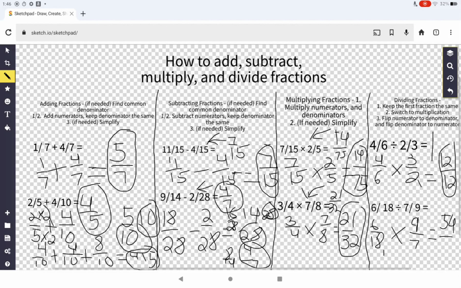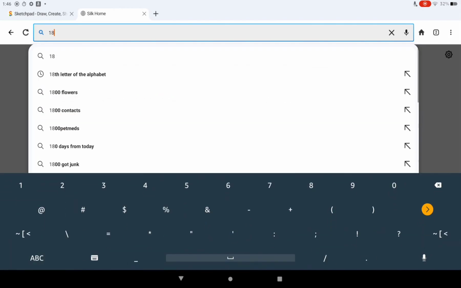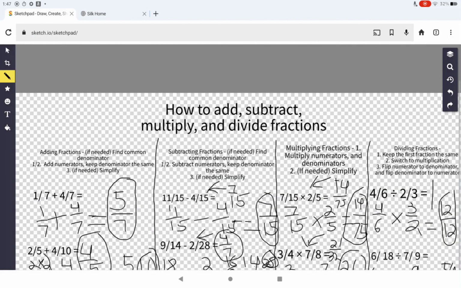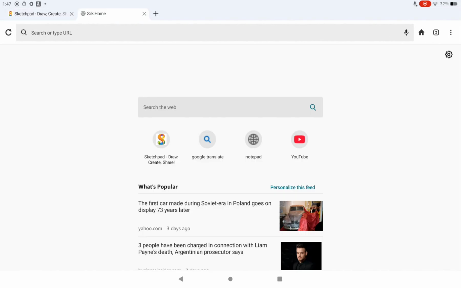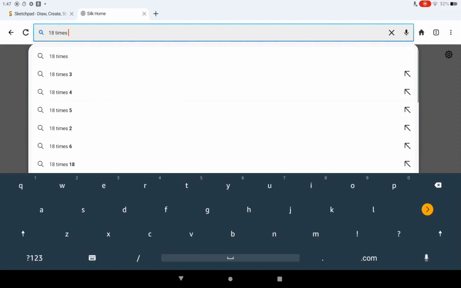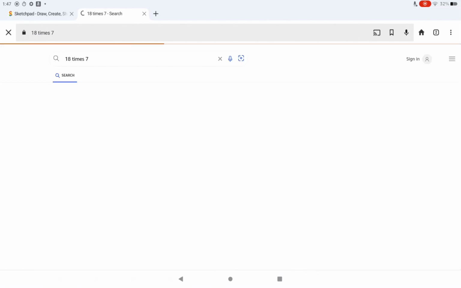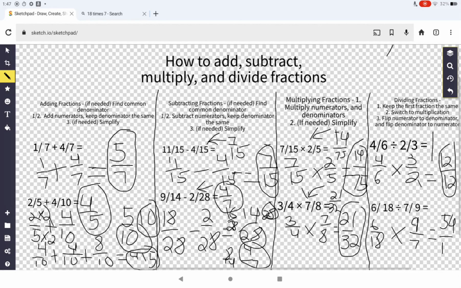And then we do 18 times 7, which is 126.